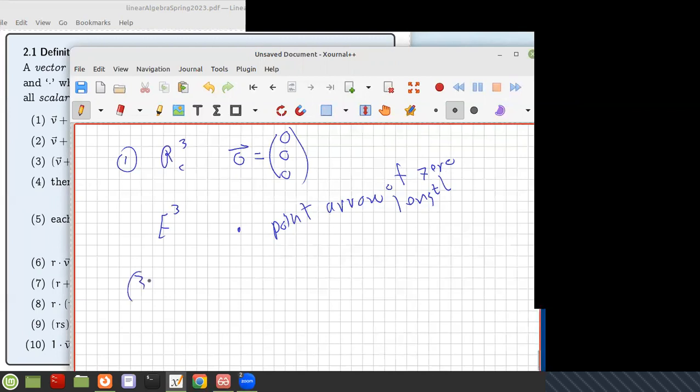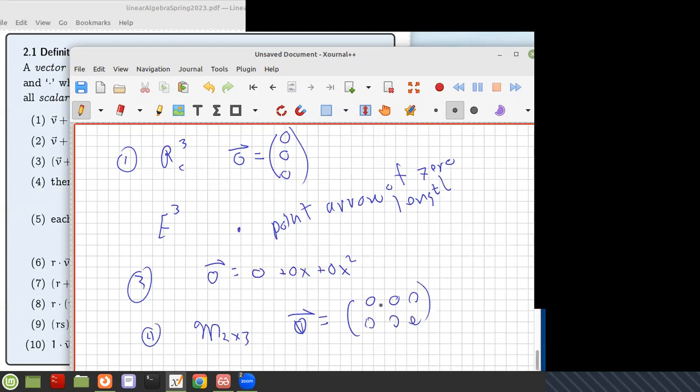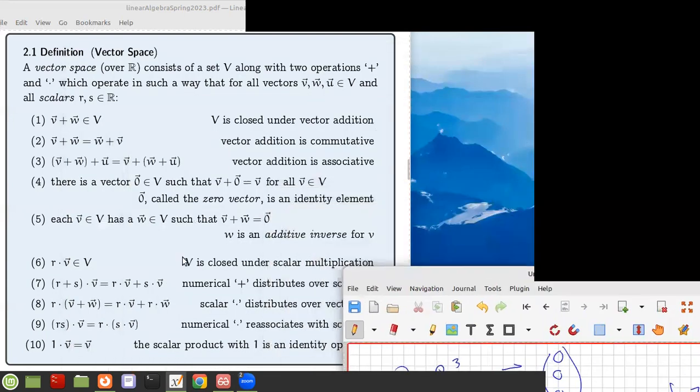In the polynomial space, the 0 vector equals 0 plus 0x plus 0x squared. And in the space M 2,3, 0 would equal the matrix of all 0s. So in each case, there's a 0 vector that you can add. So there has to be the 0 vector.